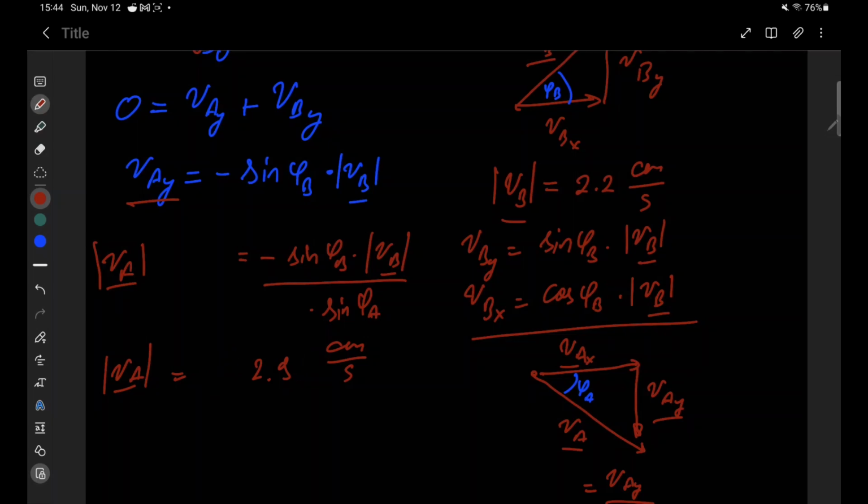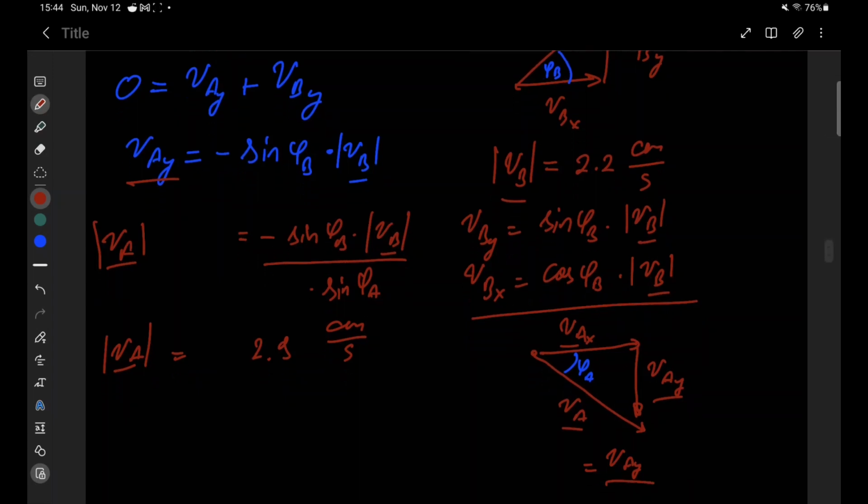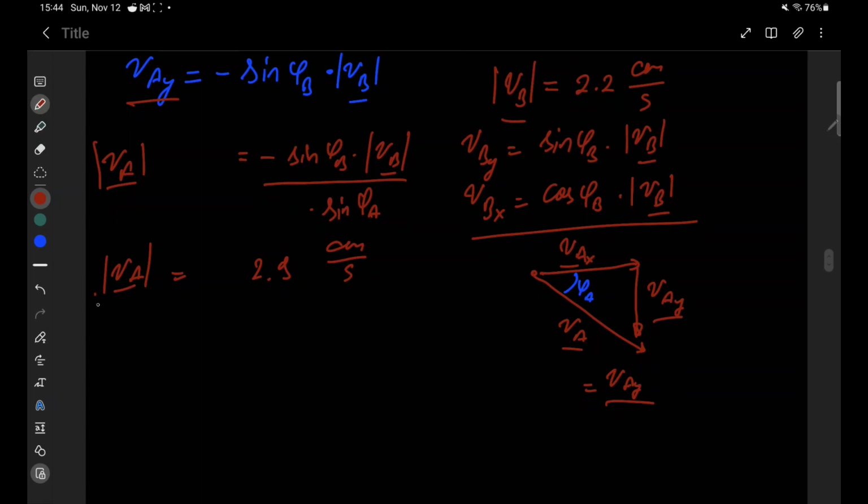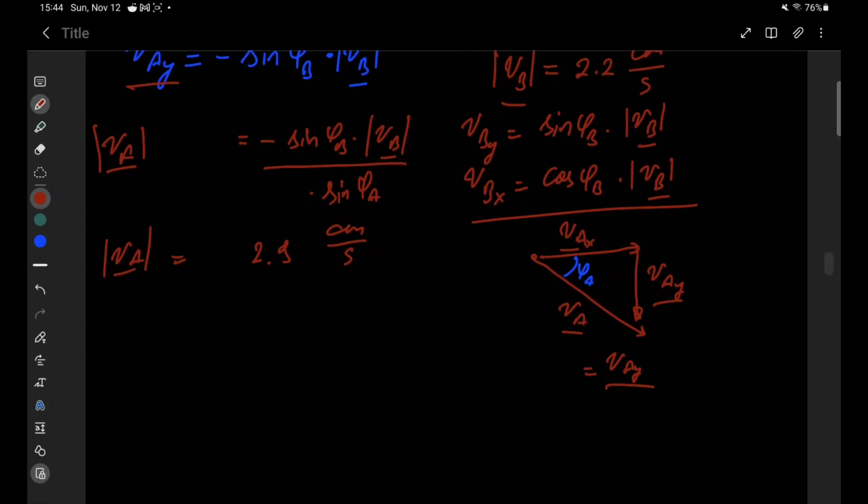So we got that our velocity A is positive 2.9, but that is the magnitude of the vector. It has to be positive. That does not give us any information about the direction the vector is going towards. But what it does give us is the speed or velocity that the coin A will be moving. So this is what the question asked for.